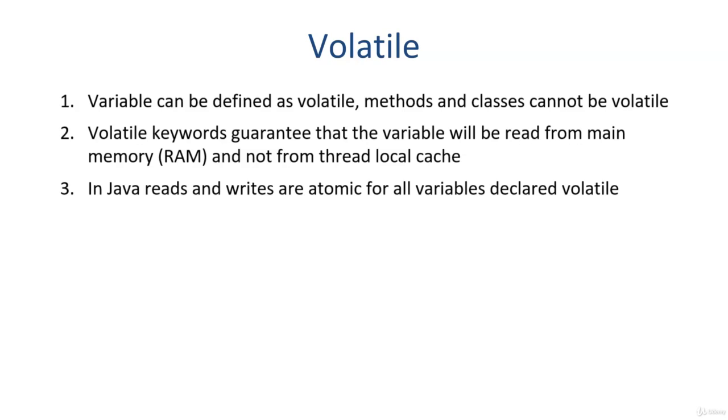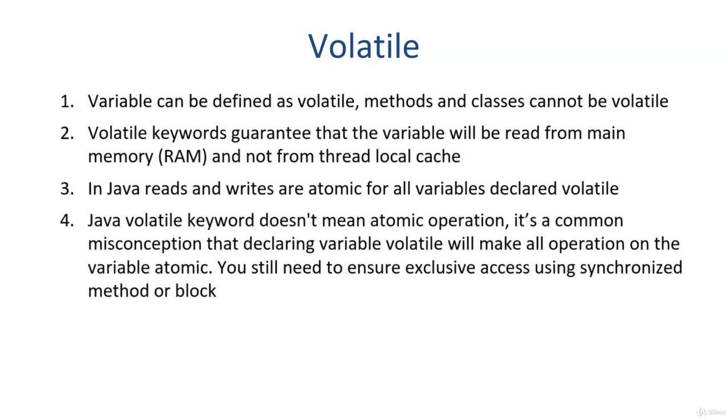In Java, reads and writes are atomic for all variables declared volatile. But the Java volatile keyword does not mean atomic operation. It is a common misconception that declaring a variable volatile will make all operations on the variable atomic. You still need to ensure exclusive access using a synchronized method or block.